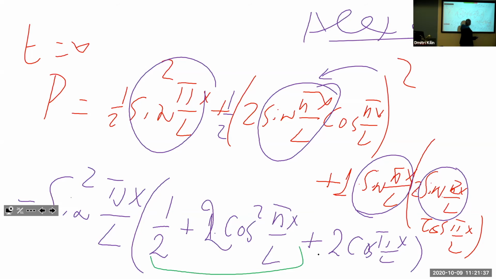In each term we have sine squared here, sine squared here, sine times sine, so sine squared, which we can put outside of the bracket. Inside the brackets, we have 1/2, then 2 squared is 4, divided by half, 2, cosine squared of single argument. And from here, if I do not make errors, it will be 2 cosines by x. So we need to practice this trigonometric equation and plot it.